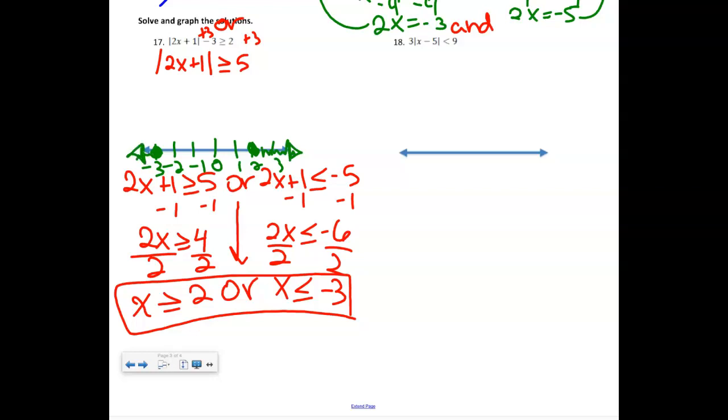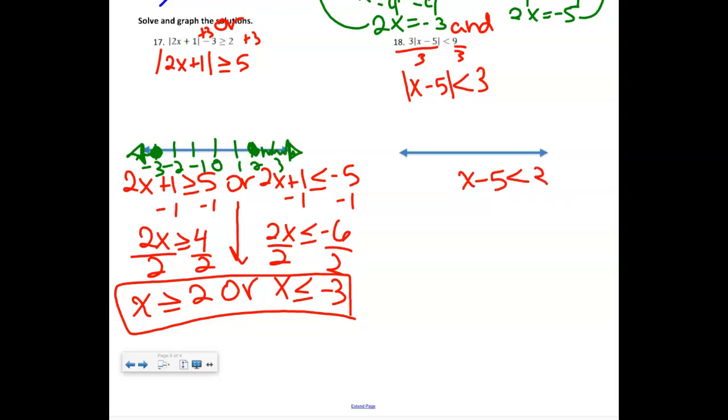Okay. Now on this other one, again, we have a step we have to do first. So I got to divide by 3 first. So now I have the absolute value of x minus 5 is less than 3. Now the and, I'm going to write it below again, the and, I'm going to have x minus 5.